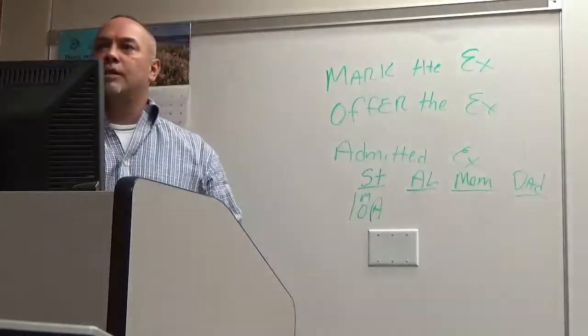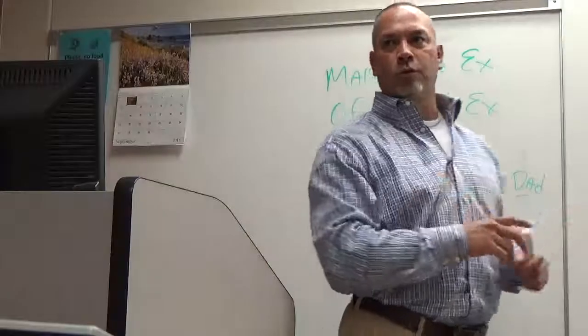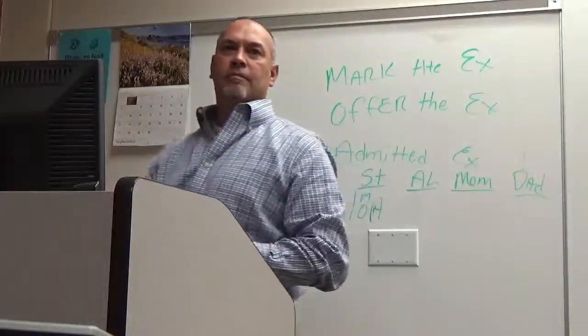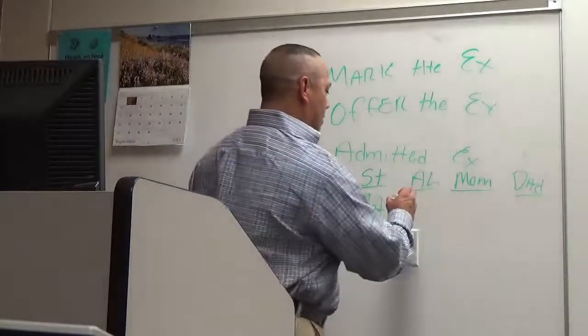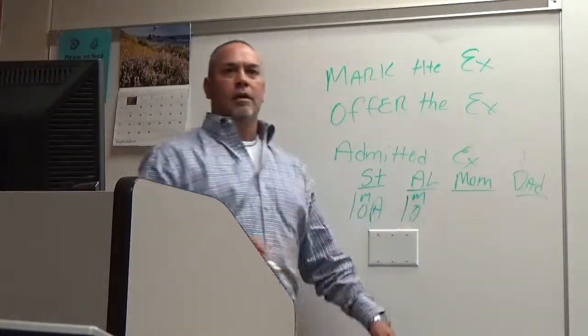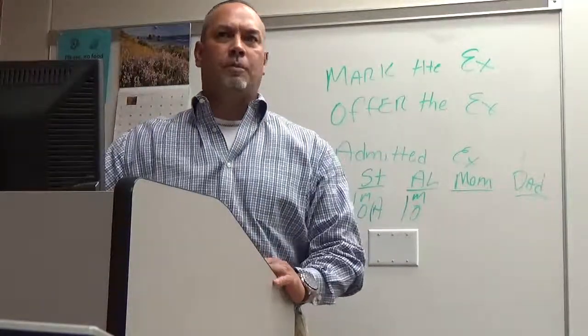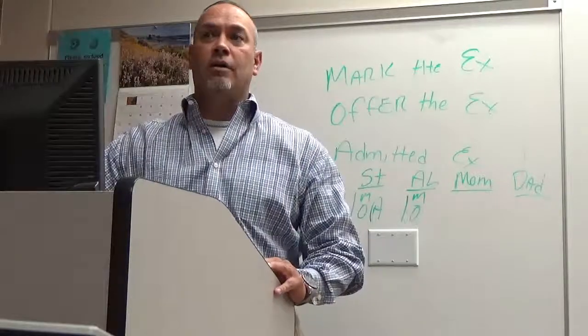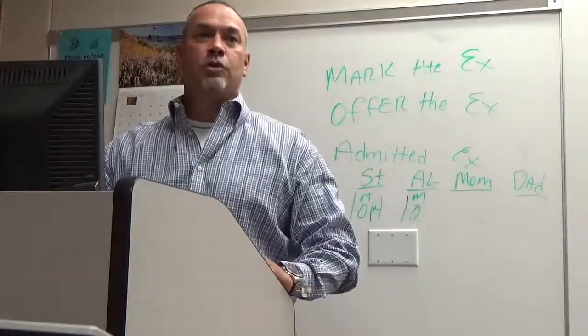Yeah, take one of each because I'm going to show you how to mark it, and then we're going to go through this little process. So at item one, Judge, we want to mark it, we want to offer it. Any objection? Yeah, I have an objection, Judge. This wasn't the person who took the pictures. She was in jail the time that she did it. There's no way that she could have done it.